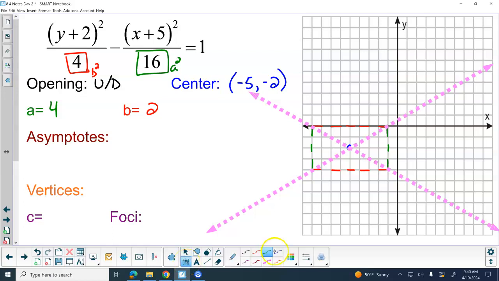What is the slope of both of my asymptotes? Plus and minus. Do I like 2 over 4? 1/2. I like 1/2 better. Don't have good y-intercepts, so we've got to do some y equals mx plus b.